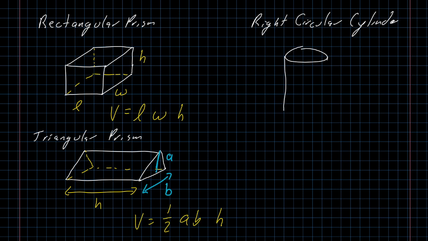We've got a circle. I'll draw it at the top and the bottom. You could also draw it on the left and the right. That circle has a particular radius. There is a height of the cylinder, and the volume here is given by the formula pi r squared h.